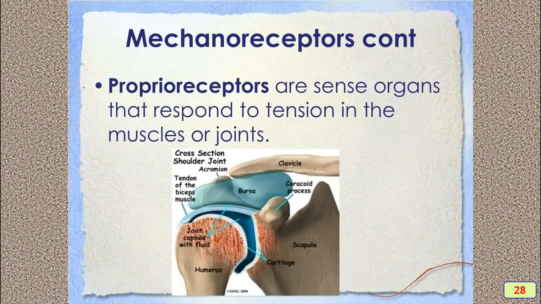The proprioceptors are sense organs that respond to tensions in the muscles or in the body. So they are present almost everywhere in the muscles.